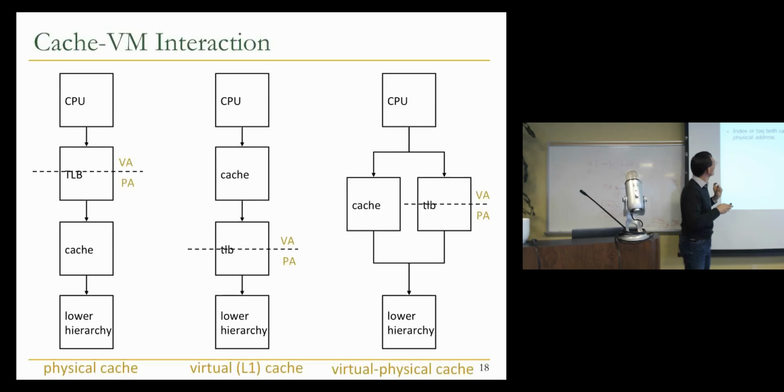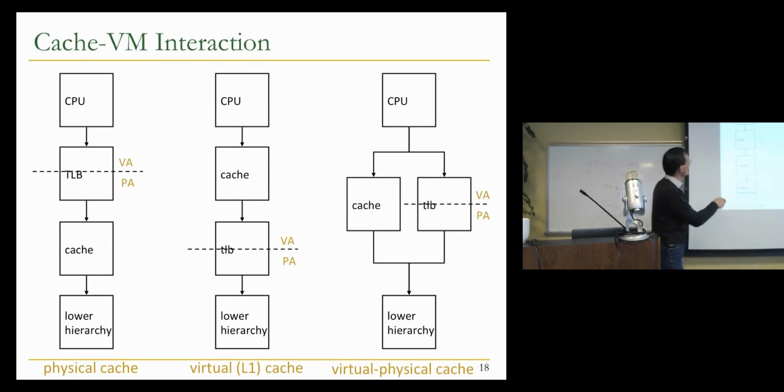Okay. Let's take a look at several options that I showed you, discussed before. In this case, this is a physical cache because you access the TLB before you access the cache, so you have the physical addresses available to access the cache. In this case, this is the other option. You access the cache first, and then do the translation.